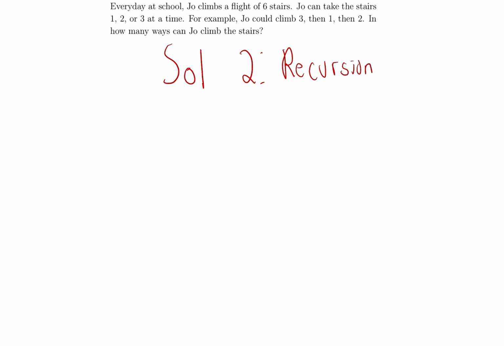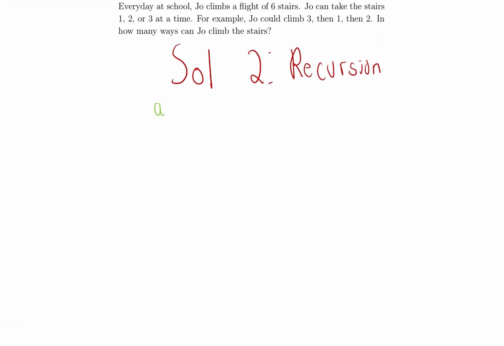Let's define A of n to be the number of ways Joe can climb n stairs. So let's do some casework. This recursion and casework, they're all combinatorics, but with recursion, there's not nearly as many cases.